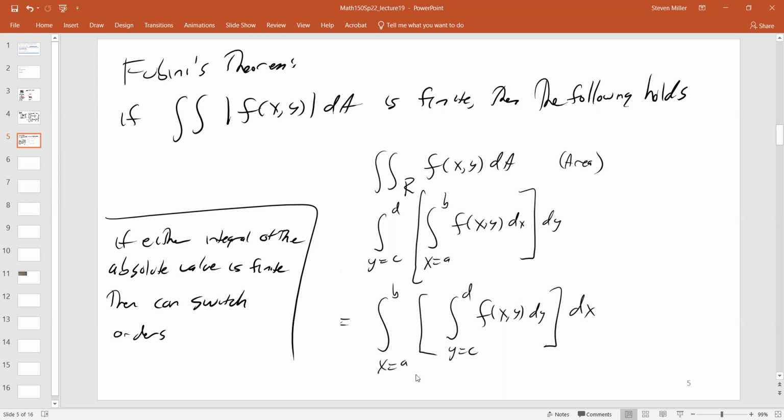If I have two variables, how many orders of integration do I have? How many ways can I choose the order of integration? Two. What if I have three? How many orders are there now? Six. I have three choices for the first, two for the second. If I have four, how many are there?